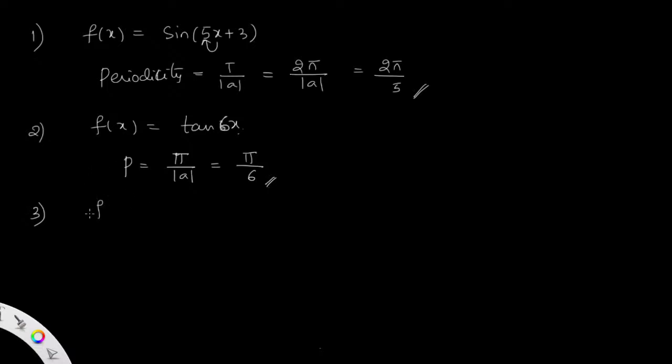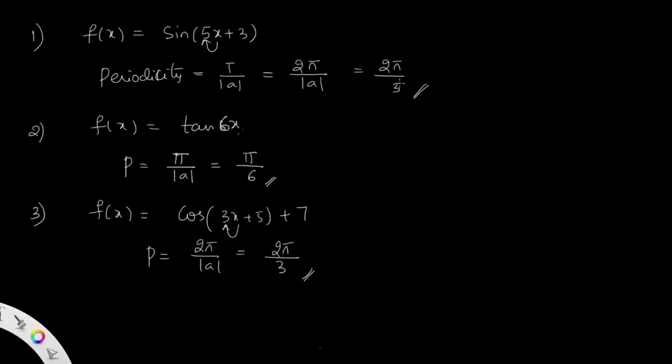Let's do the next question. f of x equals cos of 3x plus 5, plus 7. The period of cos is also 2 pi by mod a, where a is the x coefficient, so the period is 2 pi by 3.